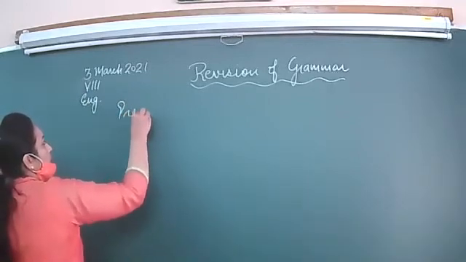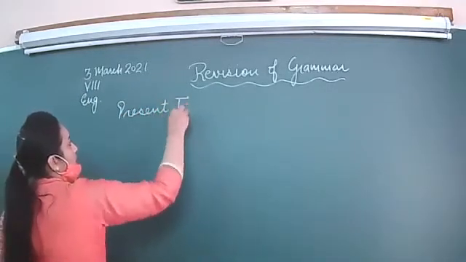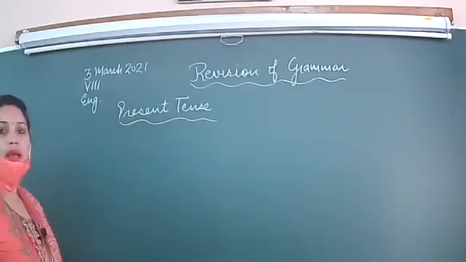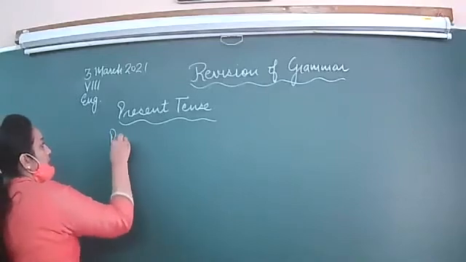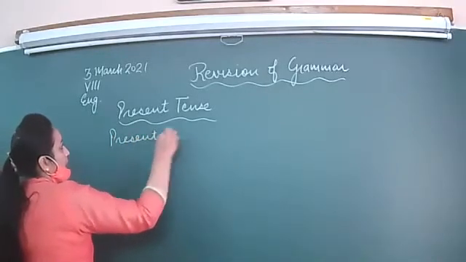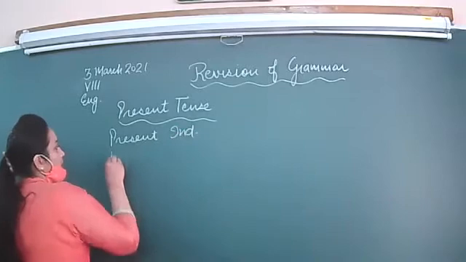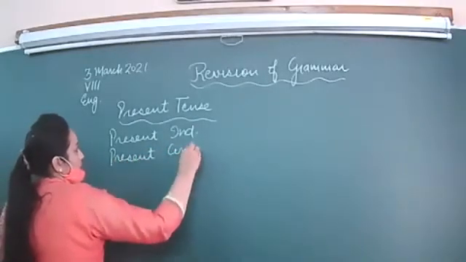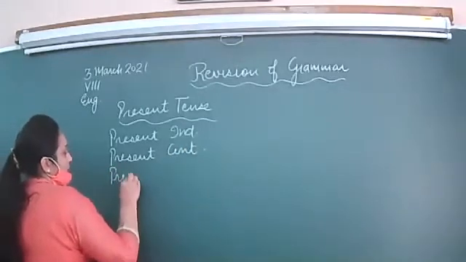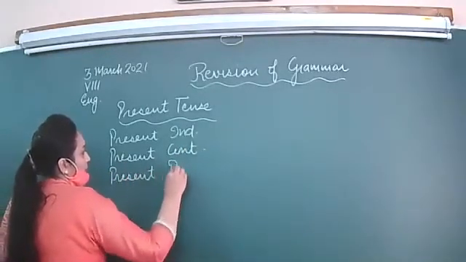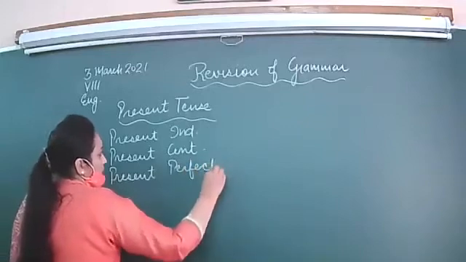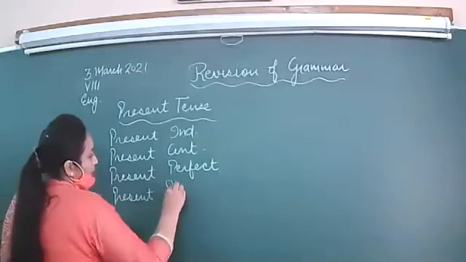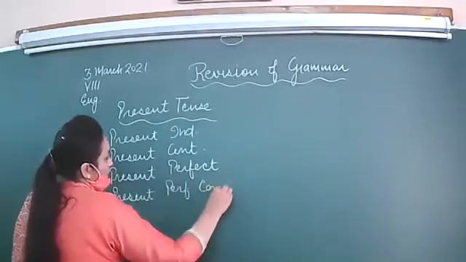The first tense that I'm going to make you revise is present tense. Clear? In present tense, we have present indefinite, then present continuous, then present perfect, then present perfect continuous tense.